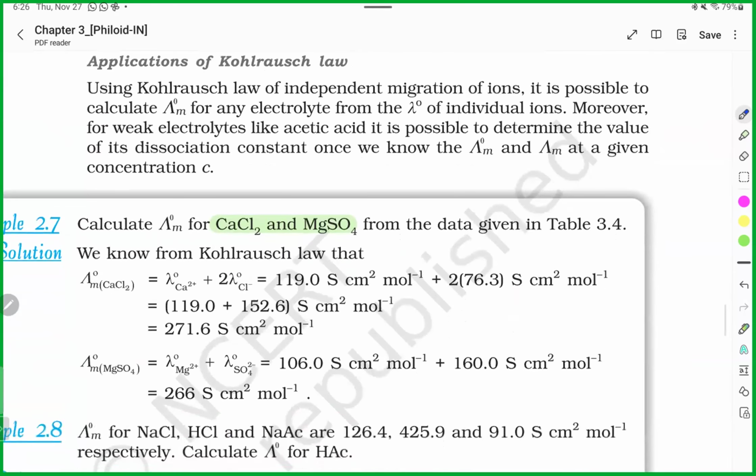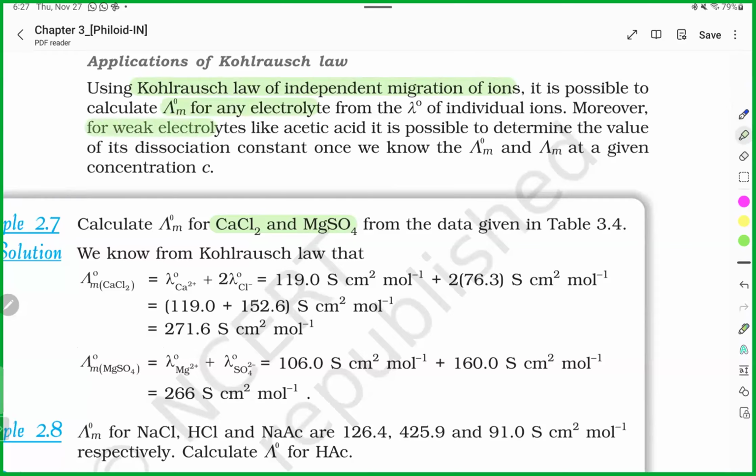See, next question. Calculate this. Sir, I had a doubt. Yes, Shravan? Sir, MgSO4 and CaCl2, are they strong electrolytes? Yes, they are. Sir, but then how are we using Kohlrausch law? Because it is applicable for both strong electrolytes as well as weak electrolytes. We are not saying it is exclusively used for weak electrolytes. See here, using Kohlrausch law of independent migration of ions, it is possible to calculate for any electrolyte, whether strong or weak.